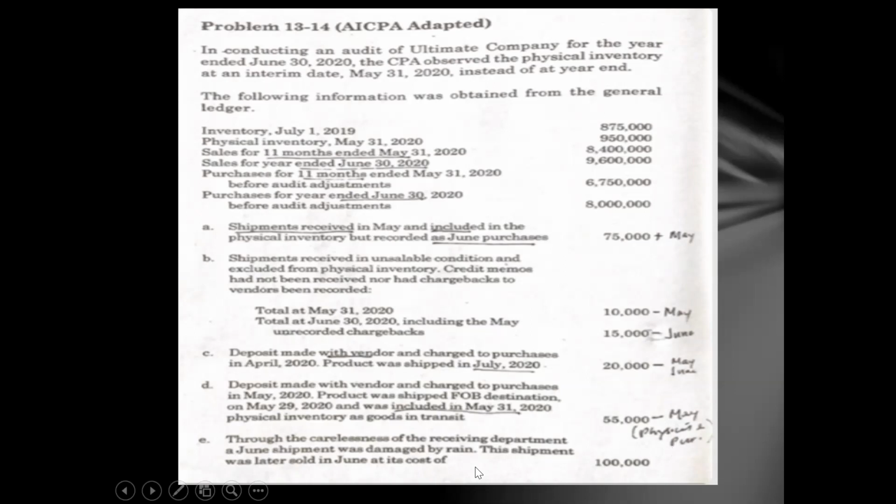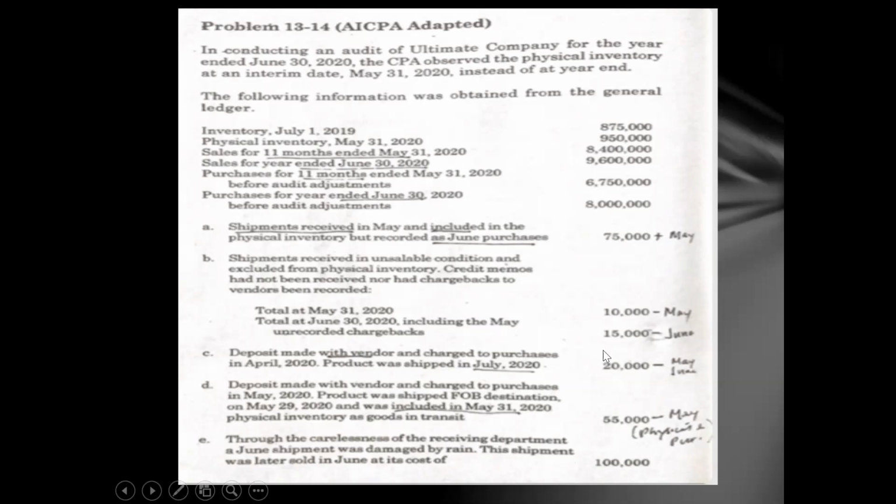So in the total sales for June, this includes 100,000 sold at cost. There's no profit. So later on, in computing your gross profit, you have to separate the 100,000 that is without profit, because it was only sold at cost due to damage.